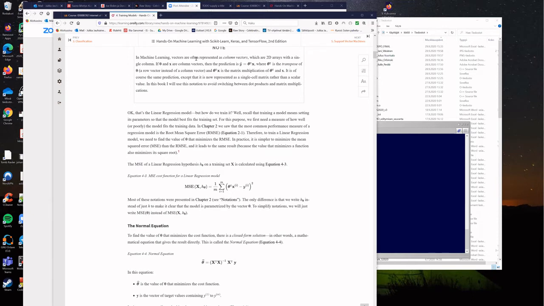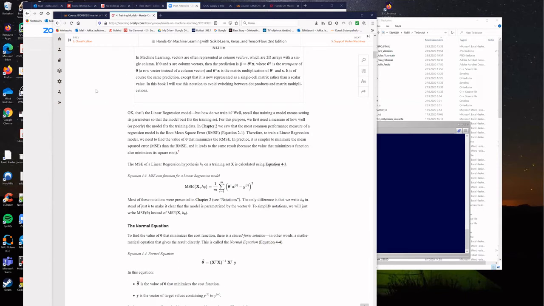In machine learning, the vectors are often presented as column vectors. A column is numbers in the up-down direction, and row vectors are horizontal. Sometimes in this math they transpose the vector.